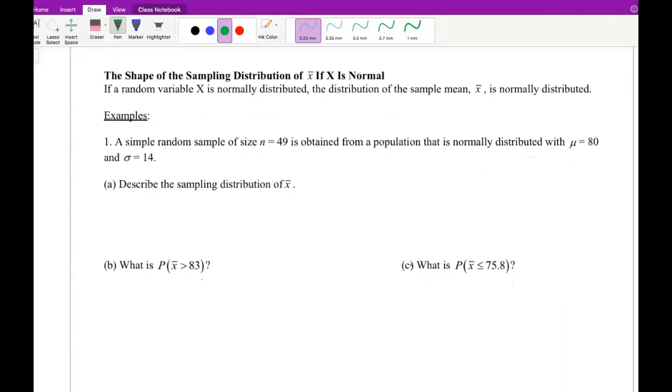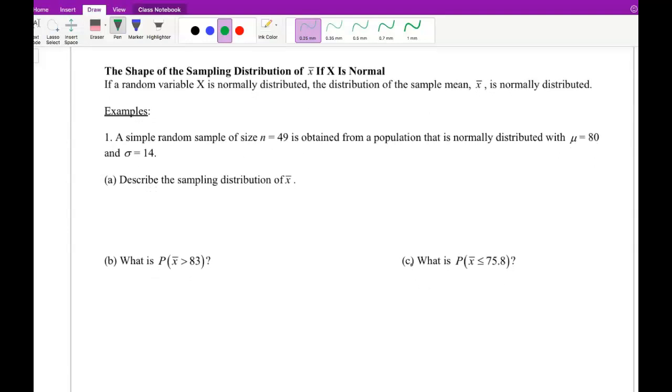Now let's work on an example on this board. This part is very close to what we covered in the previous chapter. The only difference is we use x bar instead of x.